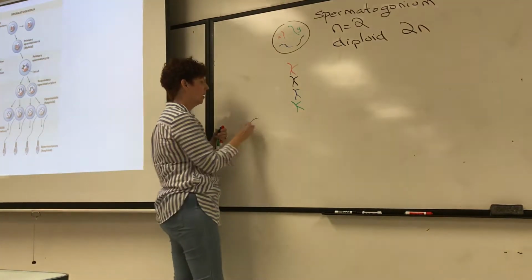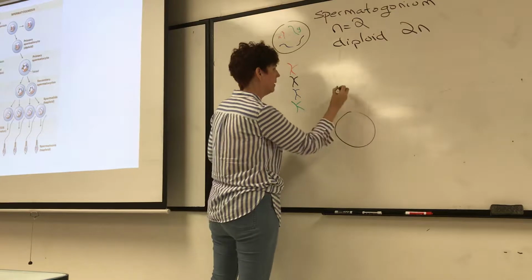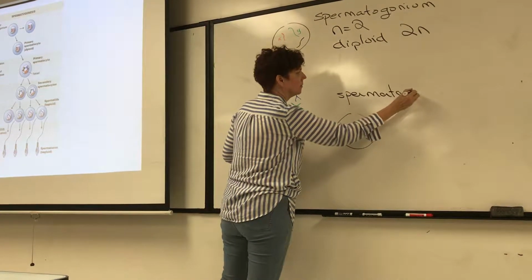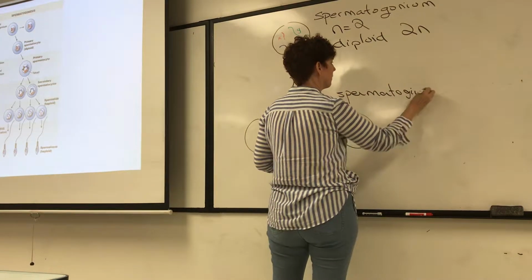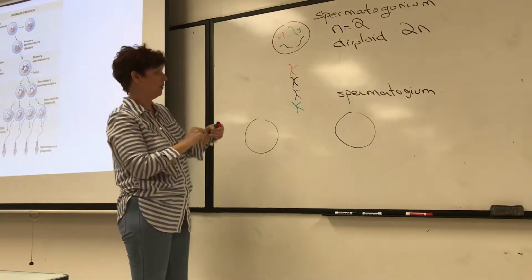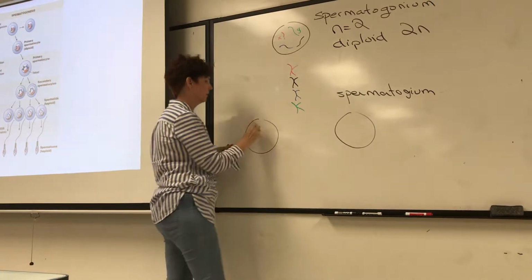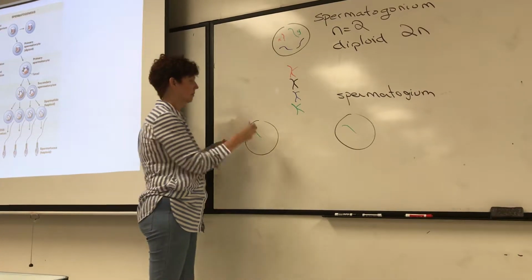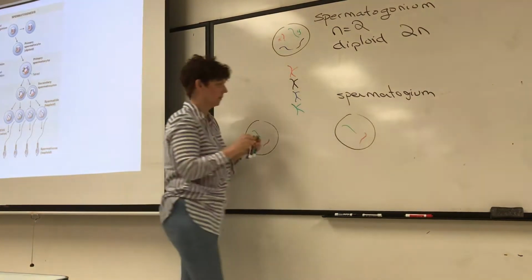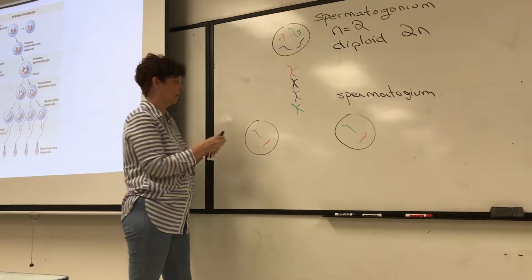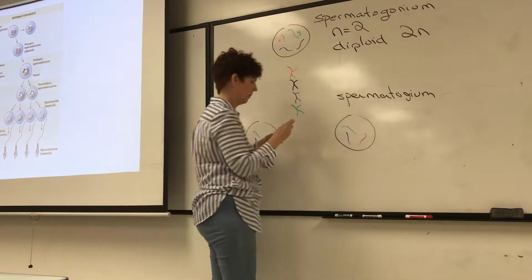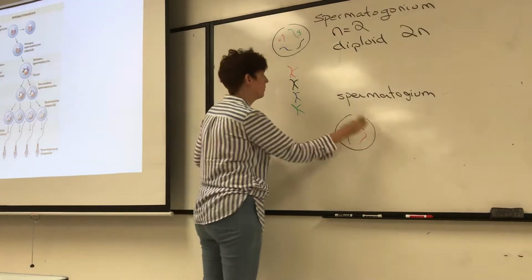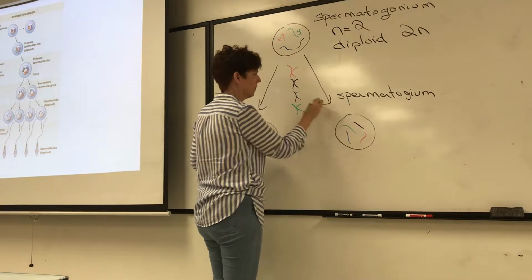All right, so we would have 2 more spermatogonia. And they would have identical chromosomes. And this is mitosis. Okay?